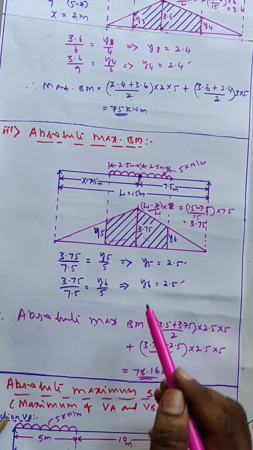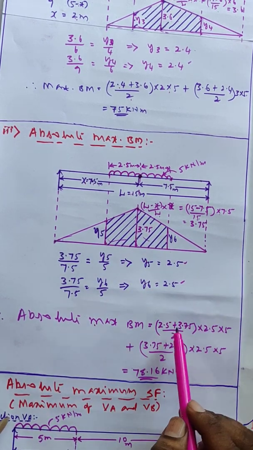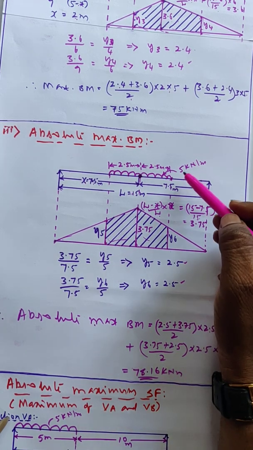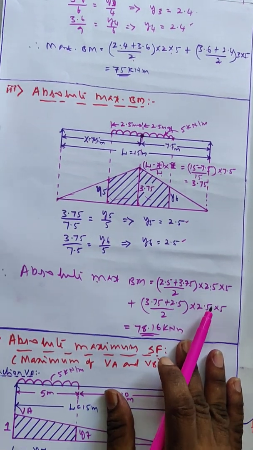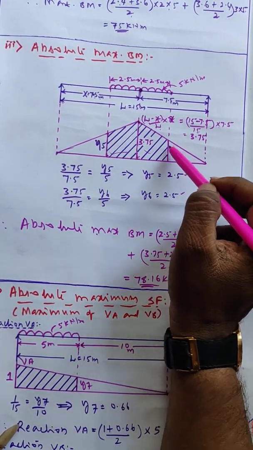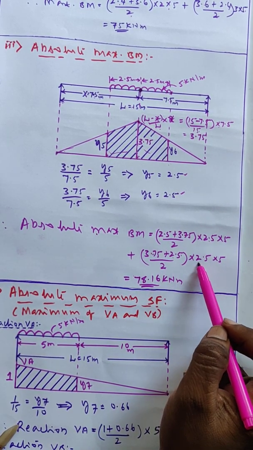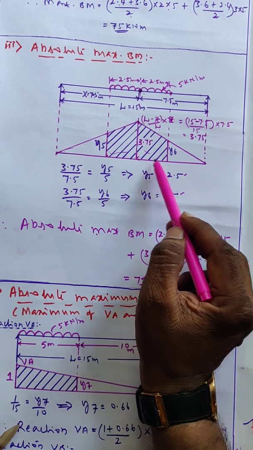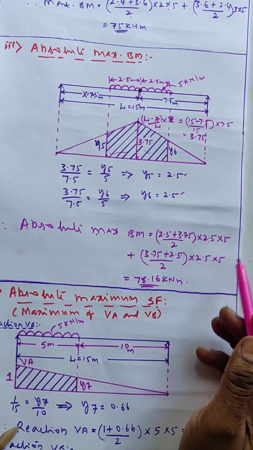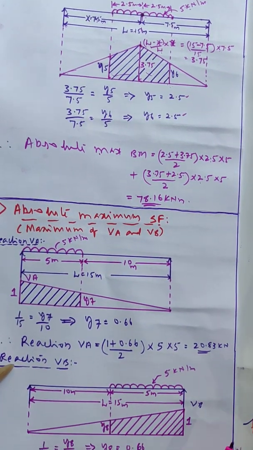Therefore absolute maximum bending moment equals y5 plus 3.75 by 2 into 2.5, see here 2.5 plus 3.75 by 2 into 2.5 into intensity 5, plus right area 3.75 plus y6 is 2.5, 3.75 plus 2.5 by 2 into 2.5, length is 2.5, into intensity is 5. We got 78.16 kilonewton meter.